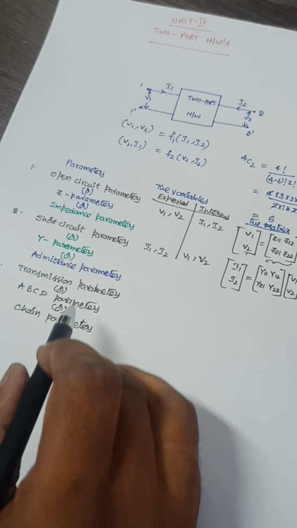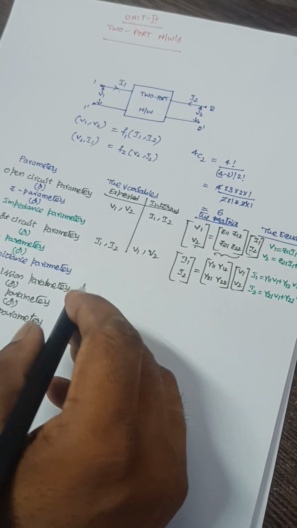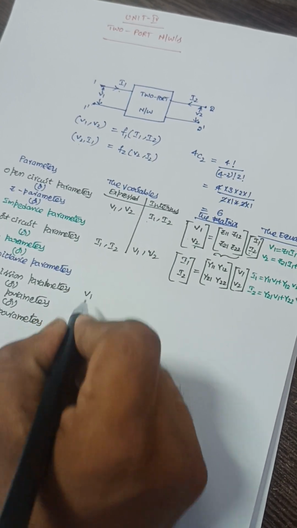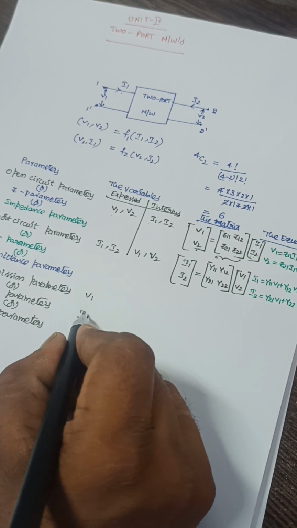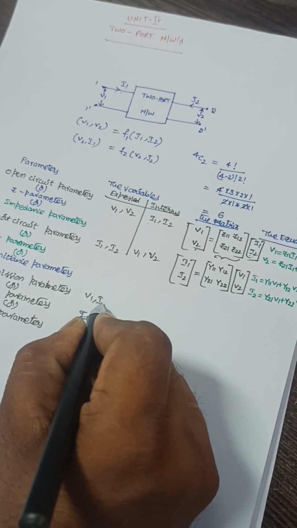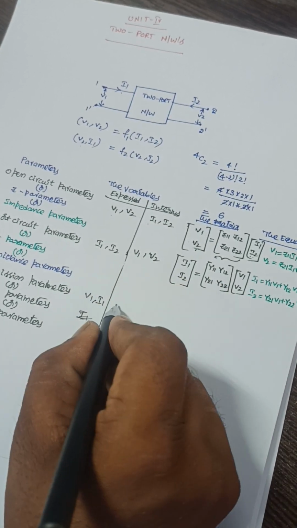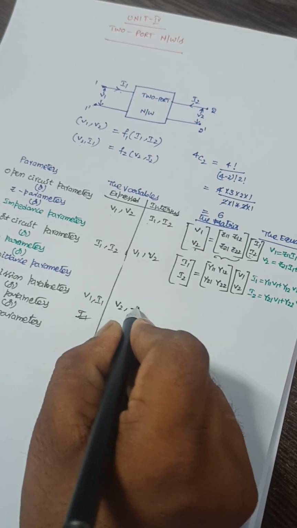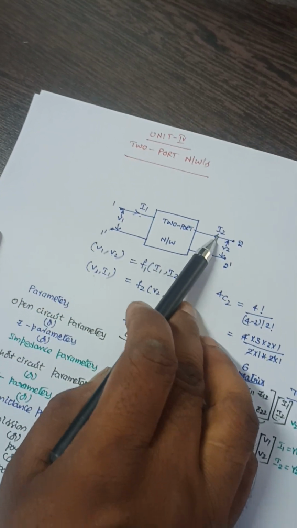In these transmission parameters, the variables V1 and I1 can be represented in terms of V2 and minus I2.